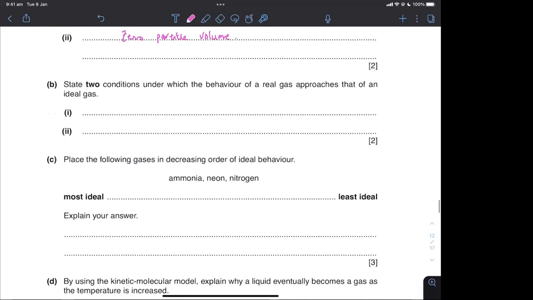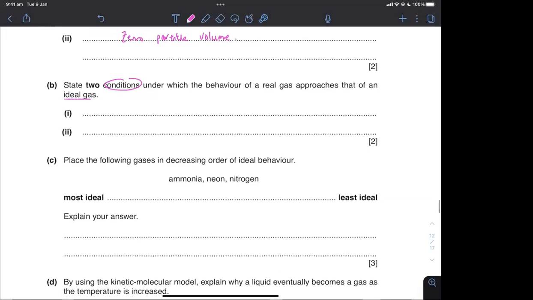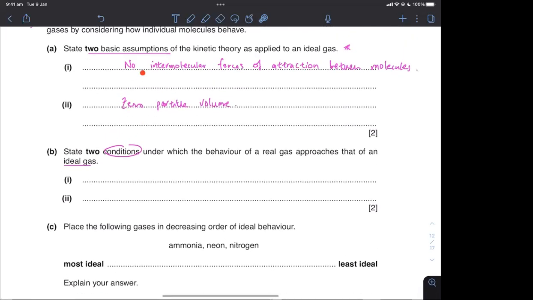Now, in terms of the conditions for an ideal gas, at least for me, I always think about the most important assumptions, to have negligible or no intermolecular forces. Do you want your particles to be far away, or do you want them to be as close to each other as possible? So that's the question. Do you want them to be as far away from each other, or close to each other? What do you think, Yasmin?